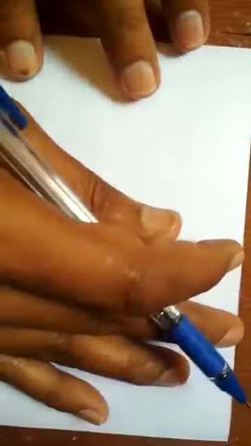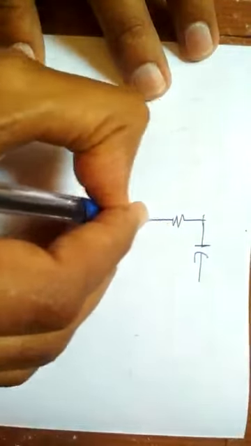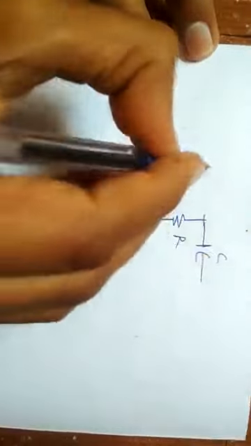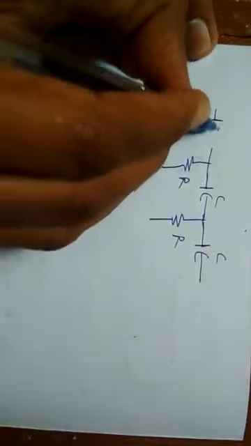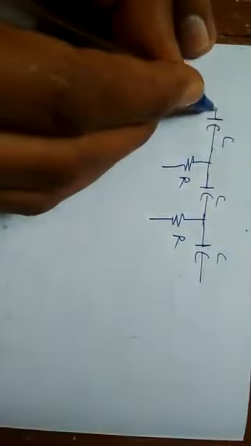So we will be having the feedback path like this. Draw the same circuit. First RC pair followed by the second RC pair and finally the third one.